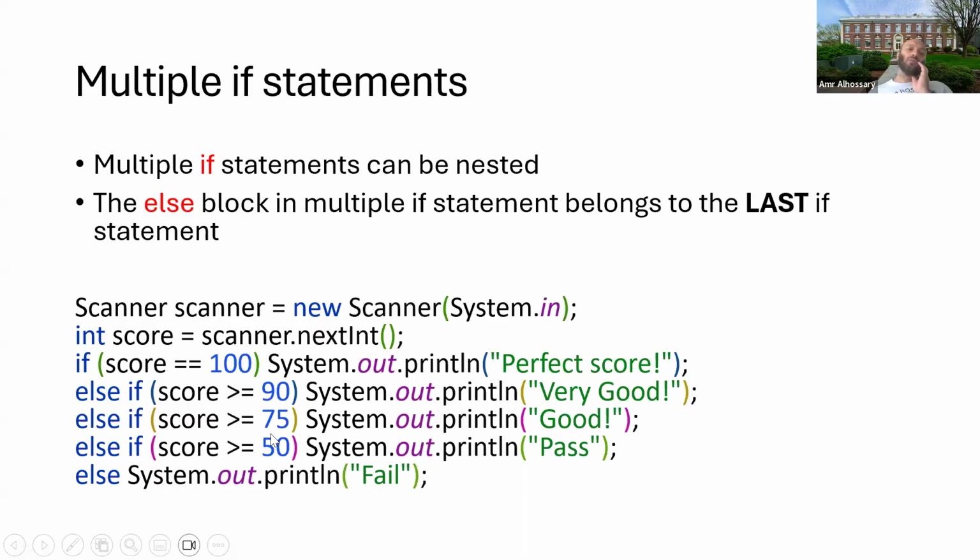If it's greater than or equal to 75, we print good. Otherwise, it's less than 75. If it's greater than or equal to 50, print plus. Otherwise, all of these are false, so it's lower than 50. So print fail.